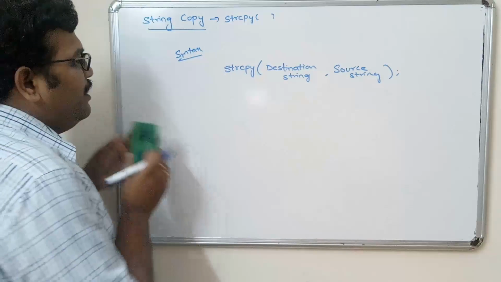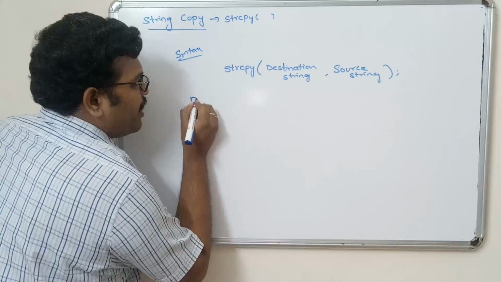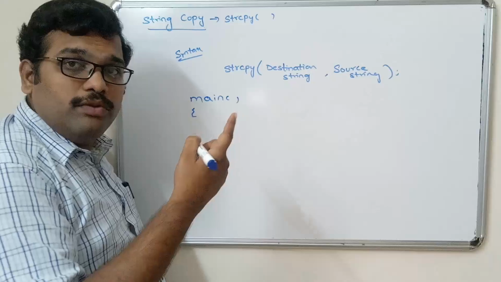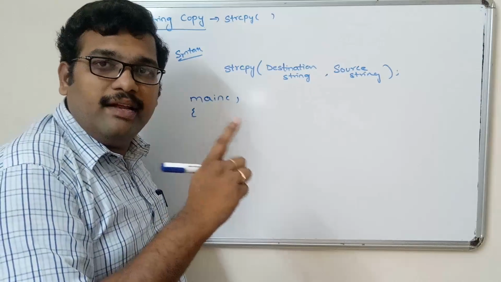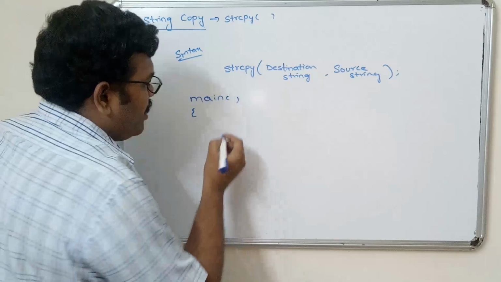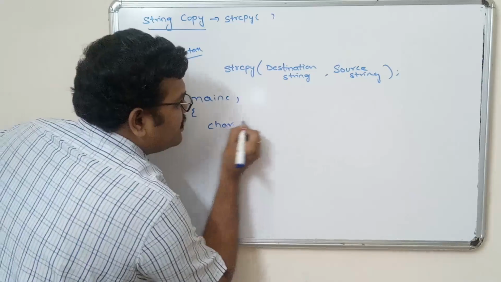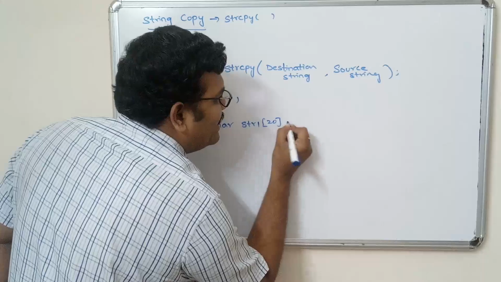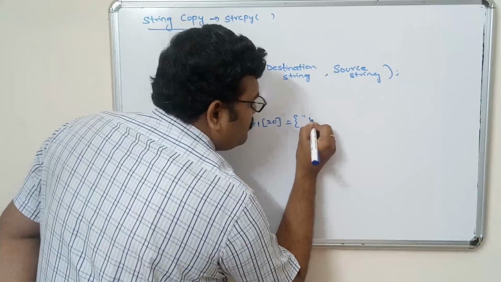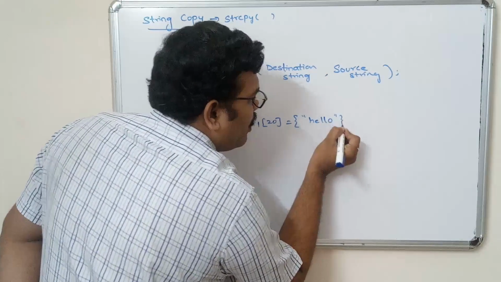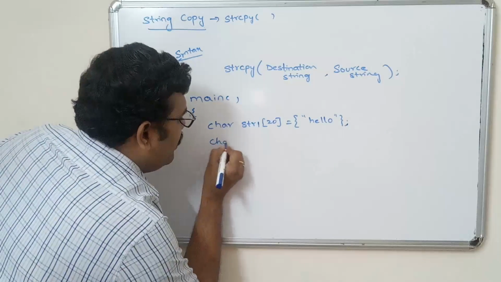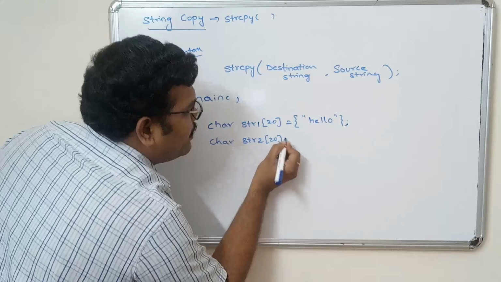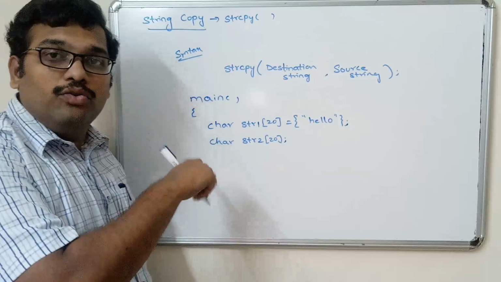So for example, let us look at an example. Write down the main function, and then we have to declare two strings, and initialize only one string. Now I will declare char str1[20] = "hello", and char str2[20]. So I have declared two strings.